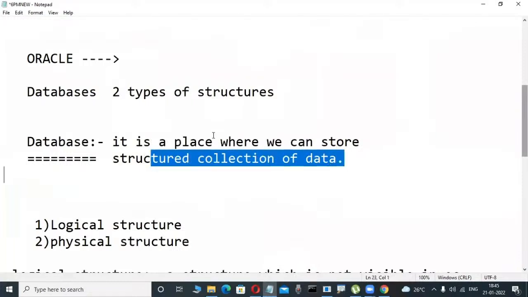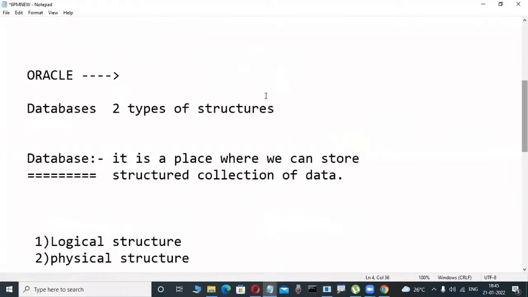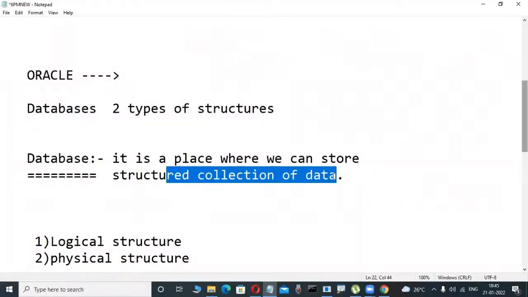Understood? Yes. Now, this Oracle is a product from Oracle Corporation. In our course, we are learning the 19c version only. This is a database product. If anybody asks what a database is, as developers we tell them it is a place where we can store a structured collection of data. That is the logical side.